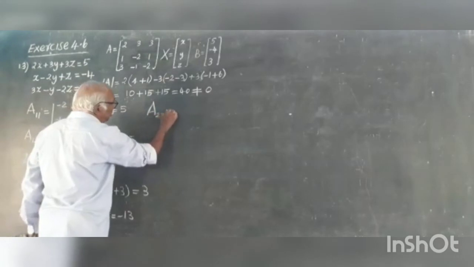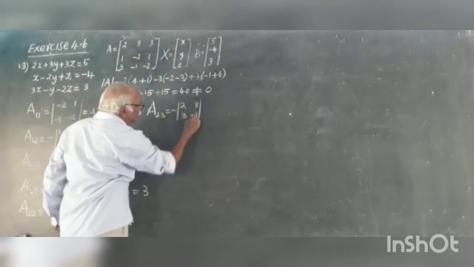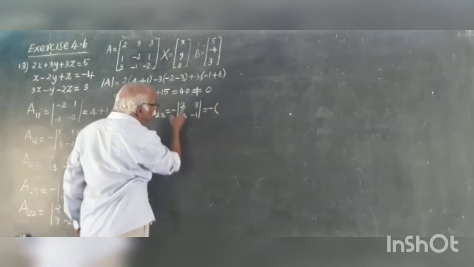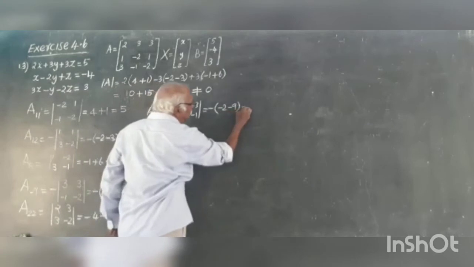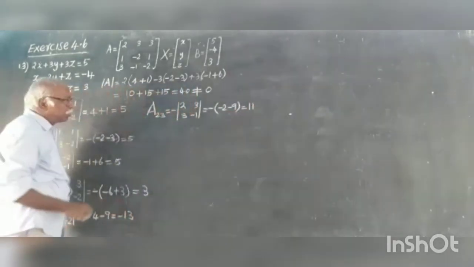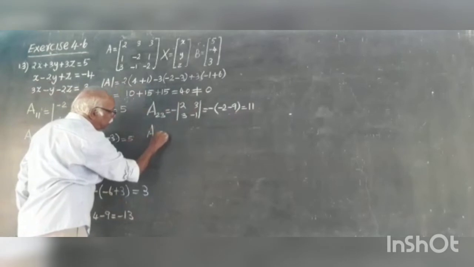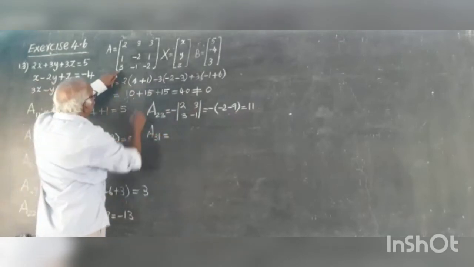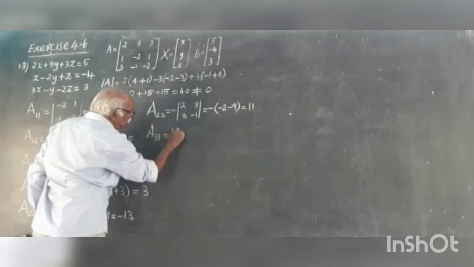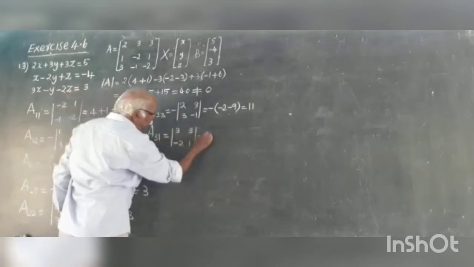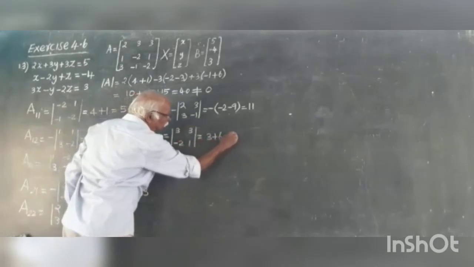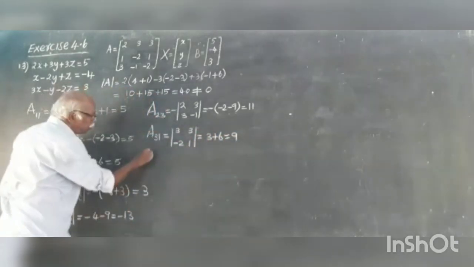A23 is negative, 2, 3, minus 1, equal to minus of minus 2 minus 9, minus 11, plus 11. A31, 3, minus 2, 1, minus 2, 1, 3 into 1, 3 plus 6, 9.